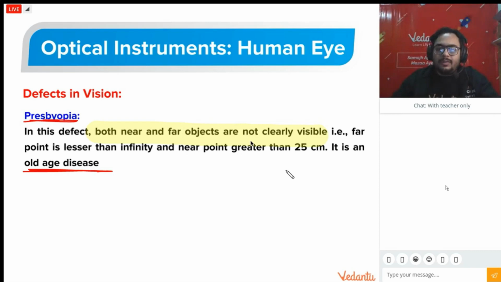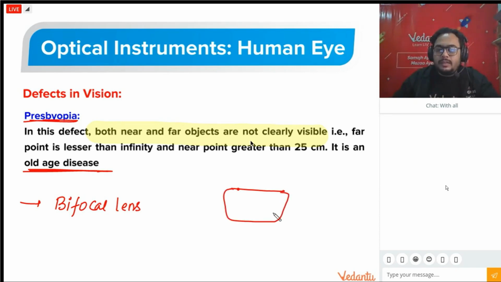So what do we use for it? We use a bifocal lens. Not cylindrical, bifocal lenses are used. Have you not seen those? You must have seen such lenses. You might have seen bifocal lenses. A small dot is there. Old people look through it.